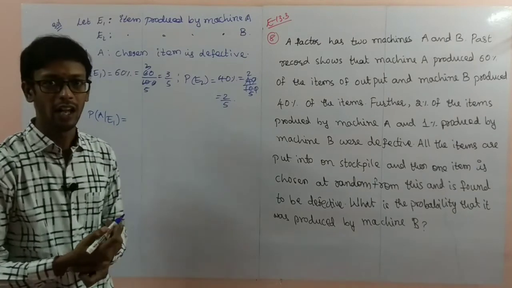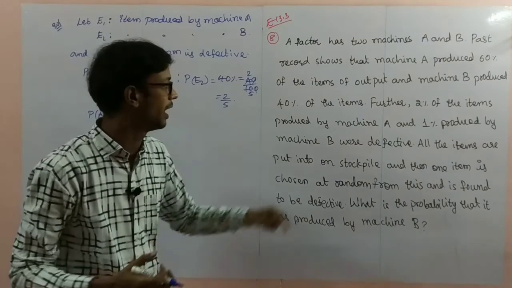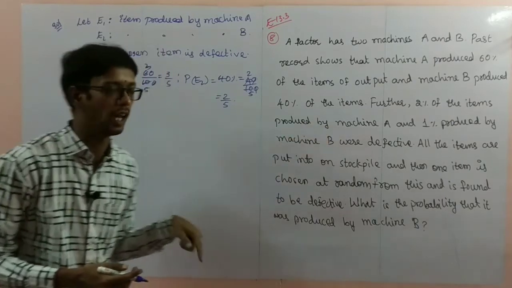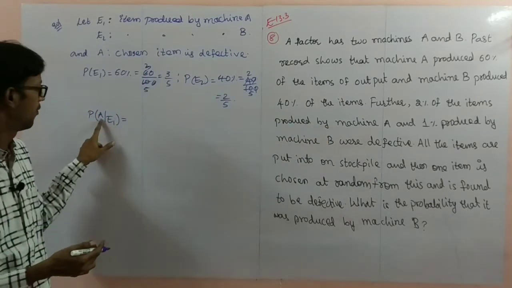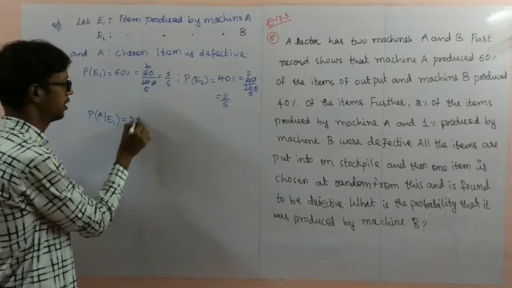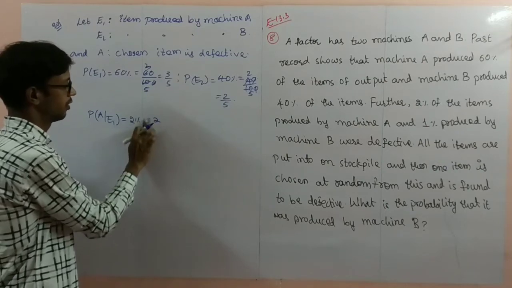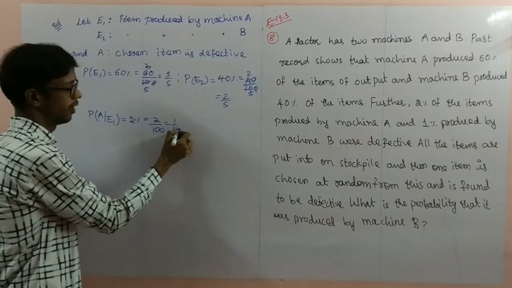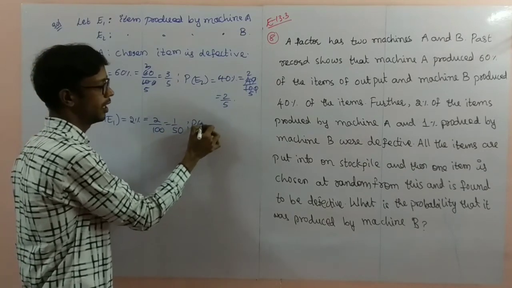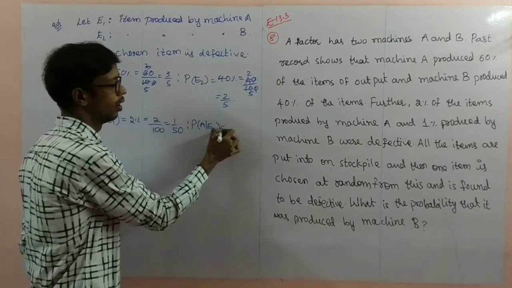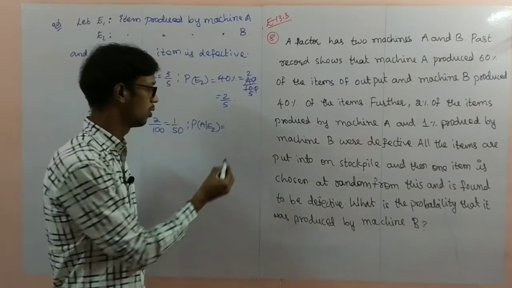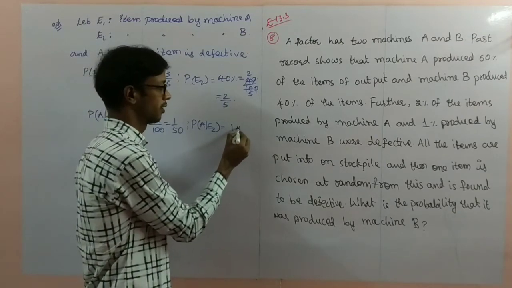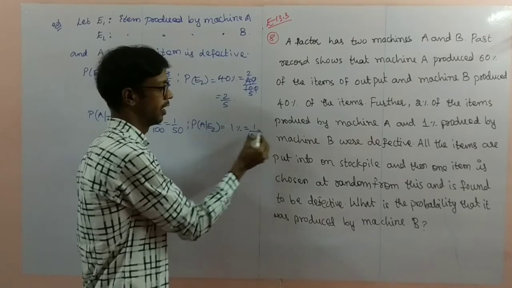This means a defective item by machine A. Machine A defective item, how much percentage? 2%. That is equal to 2 by 100, that is 1 by 50. Next, probability of A by E2 is equal to 1%, 1 by 100.